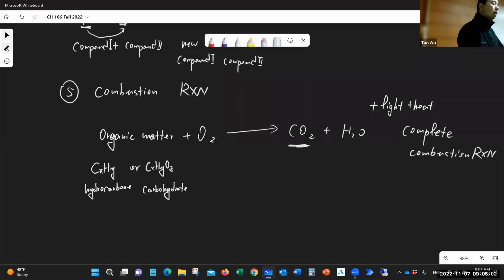Those two react with oxygen, they burn to form CO2 and water. So this is called a complete reaction.